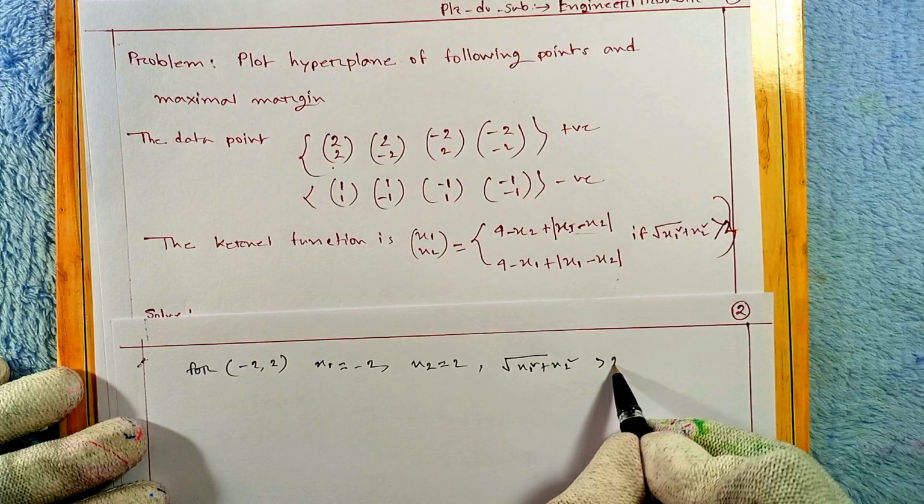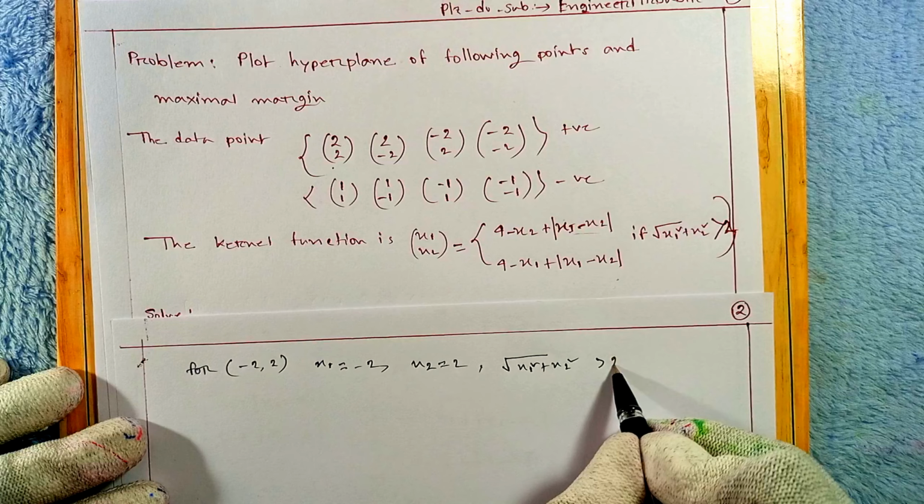Now we have to calculate the equation values. The equations are 4 minus x2 plus x1 minus x2, and 4 minus x1 plus x1 minus x2.